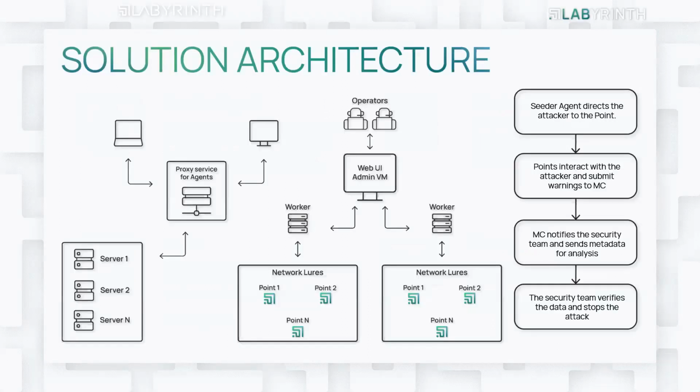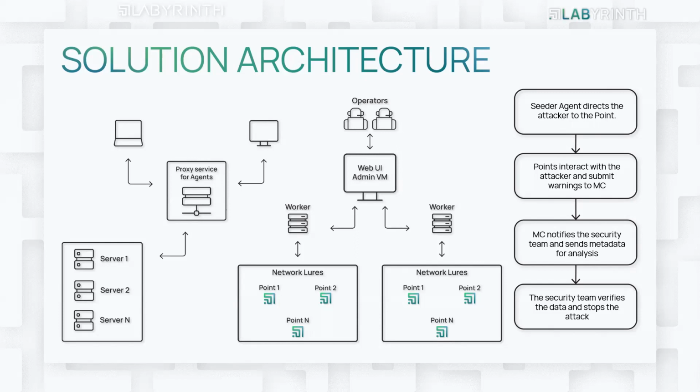Now, coming back to the solution architecture, you can see that we can use just a single management console, and we can use many worker nodes. So we have the scalability of our platform built on N+1 worker nodes.